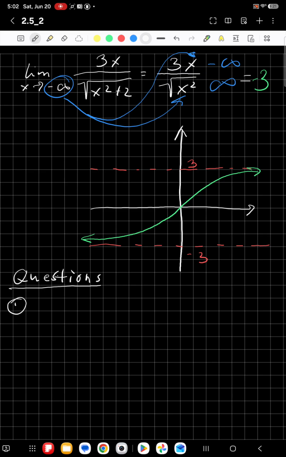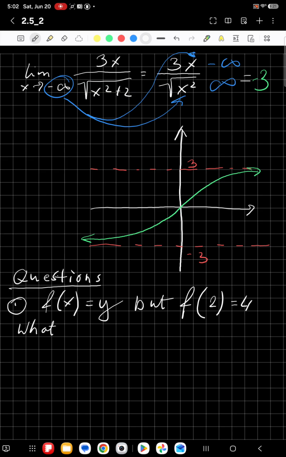So the first one is, let's say you have a function f of x, and we don't know what that function is. So let's just write y. But we know that f of 2 equals 4.